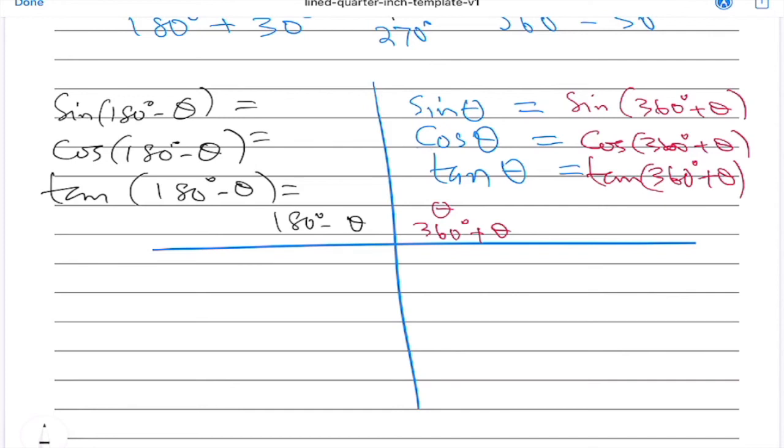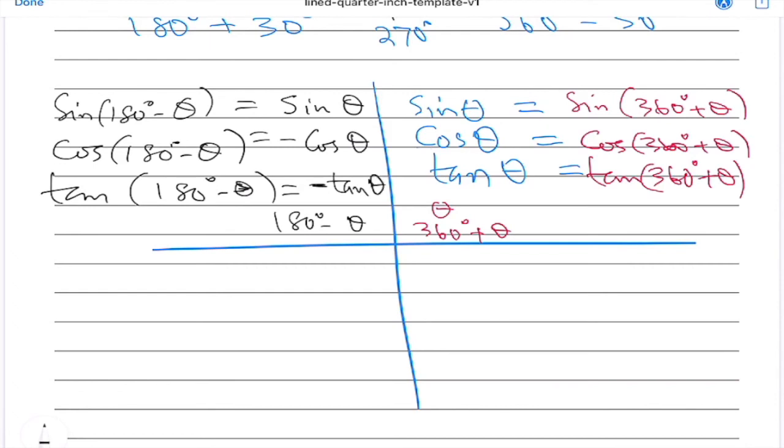So the sine of 180 minus theta is actually the same as the sine of theta. Cosine in the second quadrant is negative, so cosine of 180 minus theta will give you minus cosine theta. Then tangent of 180 minus theta: tangent in the second quadrant is negative, so it's minus tan of theta.